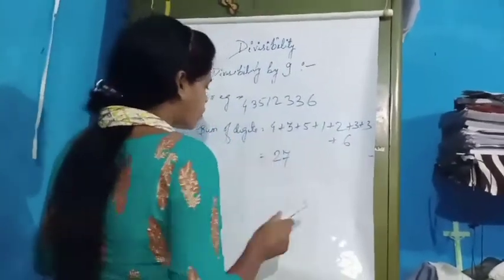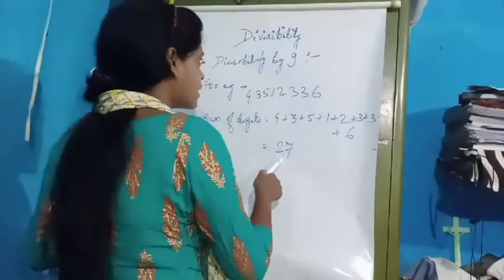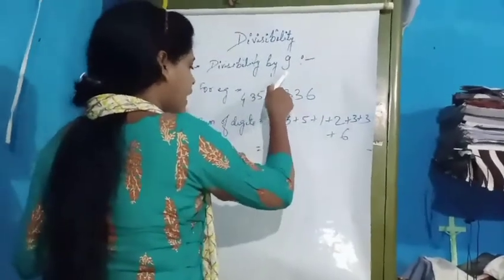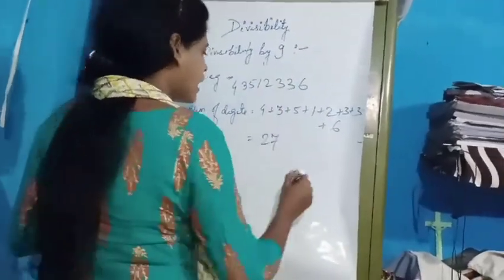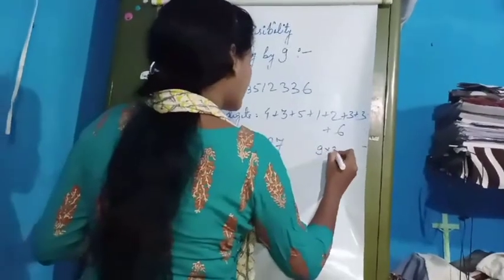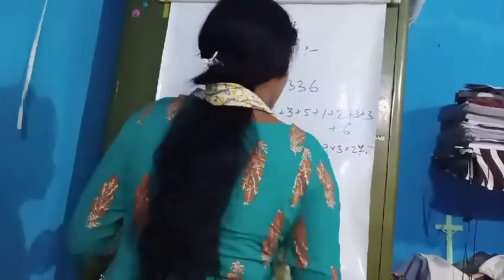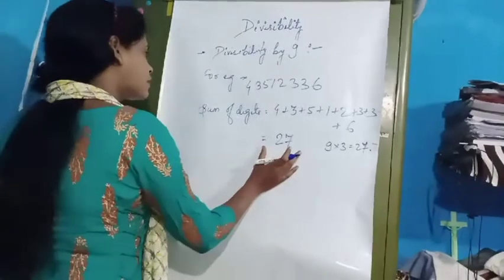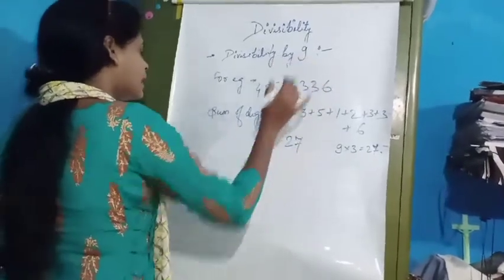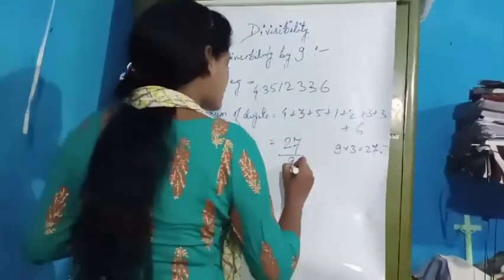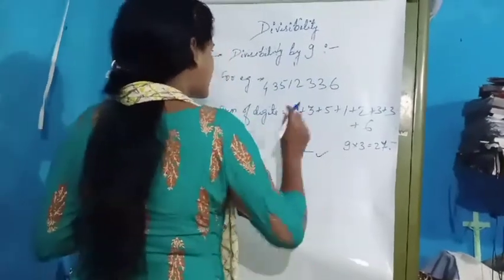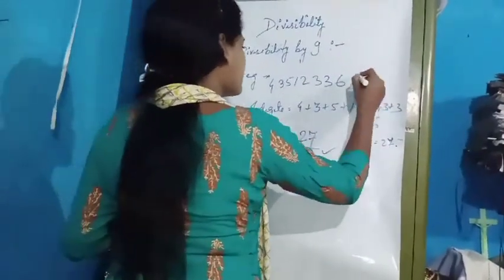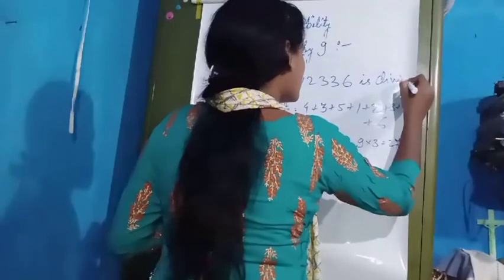And you know that 27 is divisible by 9, since 9 threes are 27. It is a multiple of 9 also. So this number is divisible by 9.